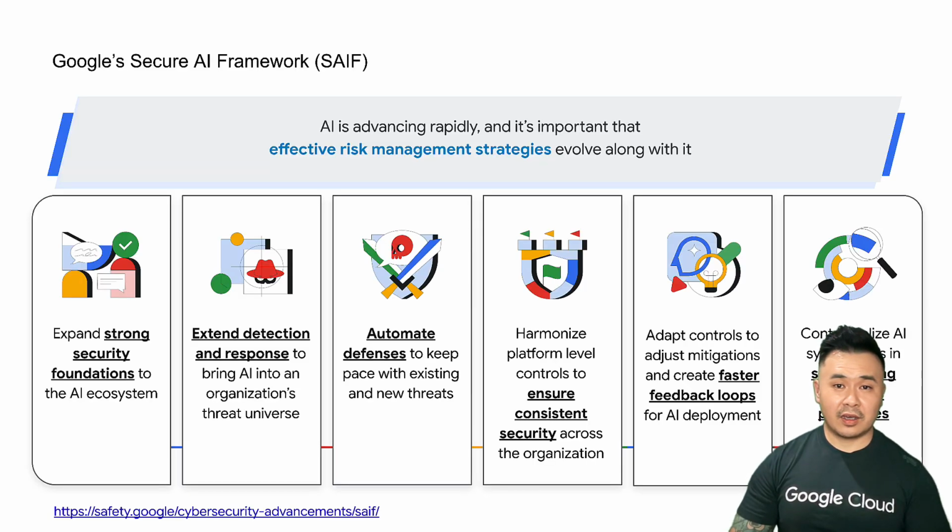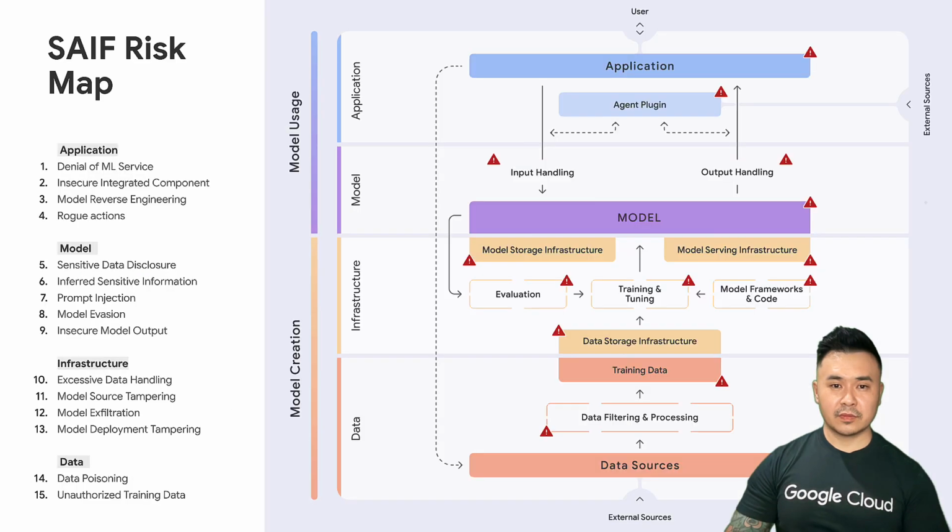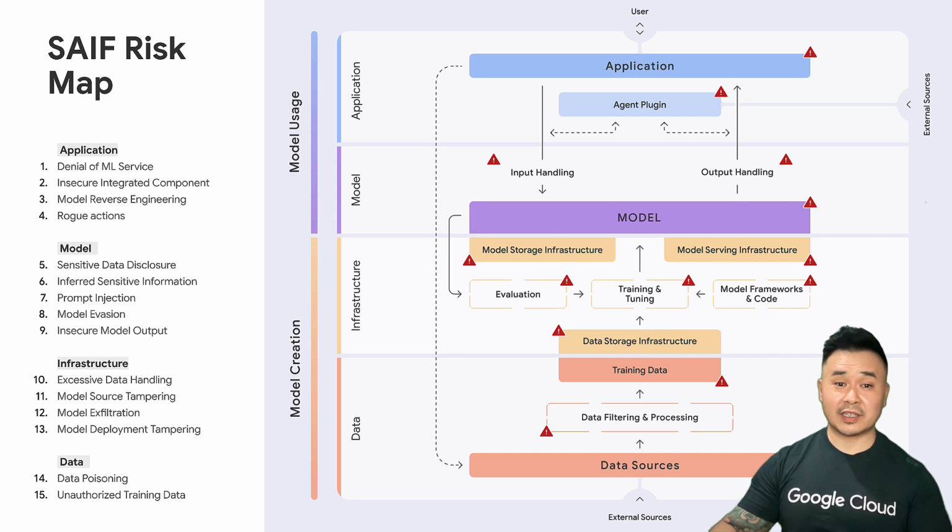We all know there are 6 core components of the Secure AI Framework. To bring it to life, we also put the framework into a risk map. On the SAIF.Google website, you can see the SAIF risk map and navigate interactively through the different risks and controls.